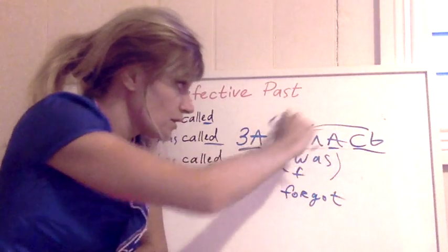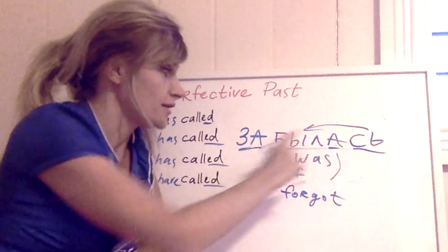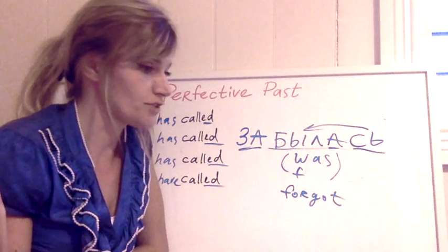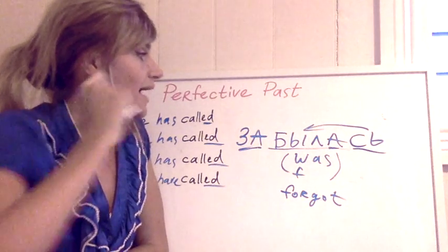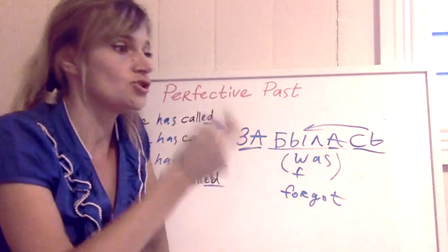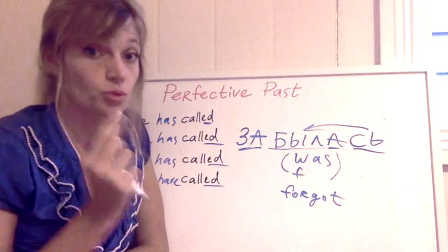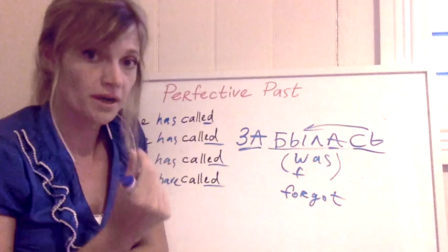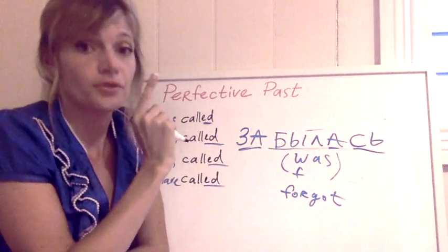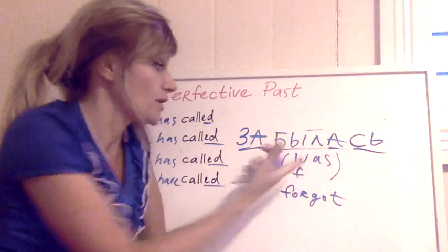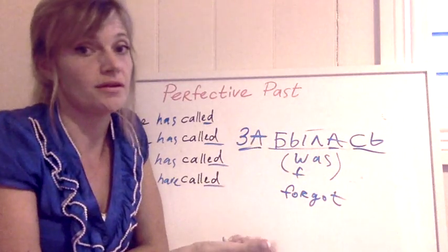Я забылась, I forgot myself, I lost track of time, I became unaware. Again, in English you would use several words to describe this state of mind, and in Russian you use just one verb, but it's worth learning, because it has a lot of information again.